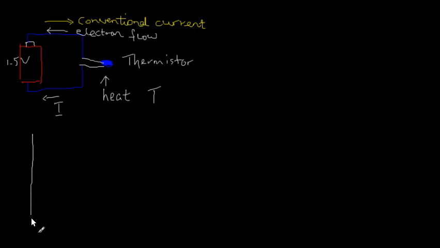Let's take a look at what the graph might look like. Okay, that's the temperature, that's the current. So let's say the temperature is in degrees Celsius, and we are measuring it between 0 and 100 degrees Celsius.